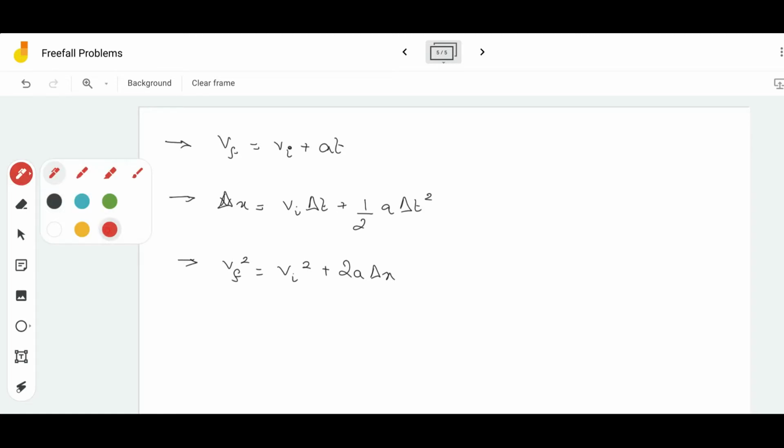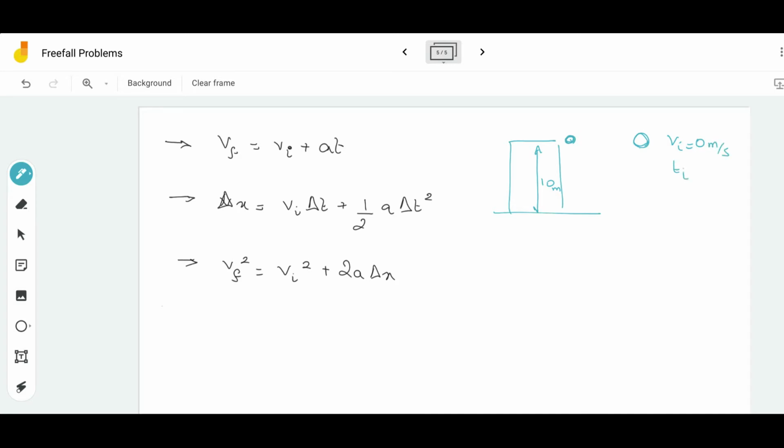Now let's have a look at our original problem where we have this is our building, this is our ground level, and this measures 10 meters, right? And the ball is being dropped from here. So what we know so far is if this is our ball, Vi is equal to 0 meters per second.